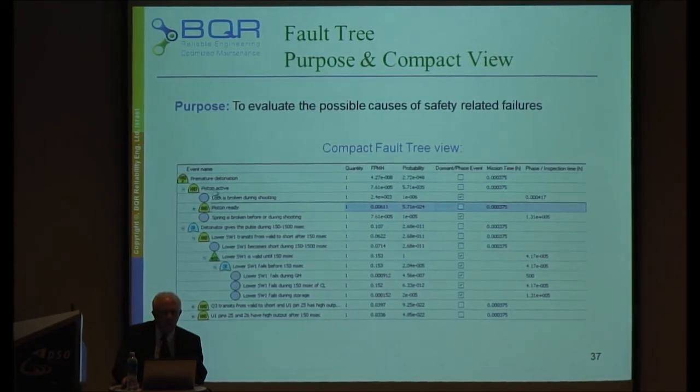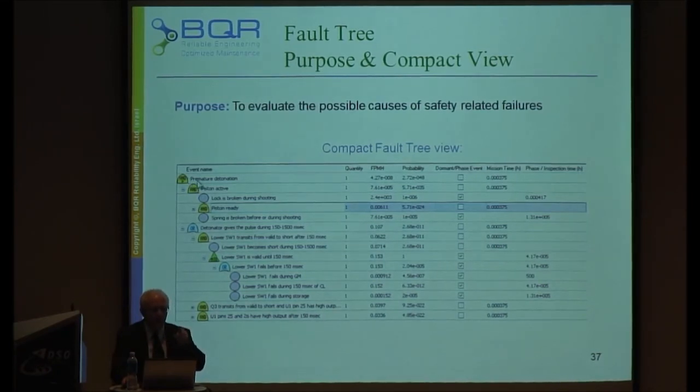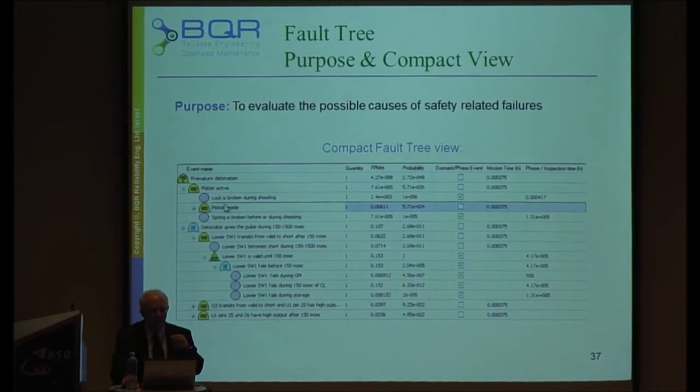So if the piston is active and the detonator gives the pulse during 150 milliseconds. Okay, so if those two failures occur at the same time or one after the other, this will happen. Now, in order for the piston to be active, there can be three other failures.